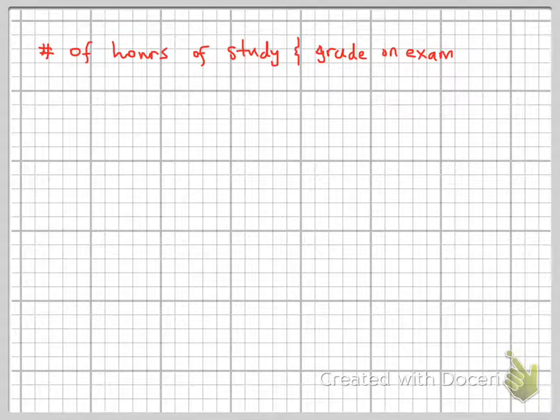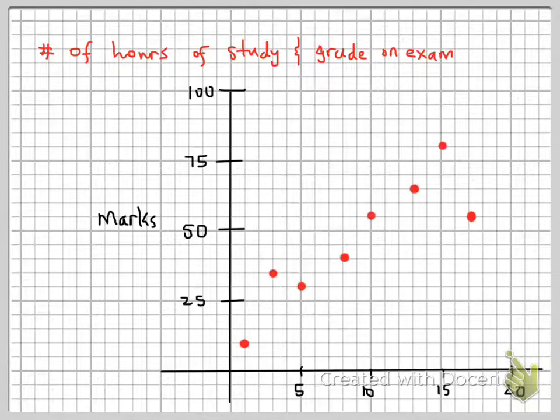So, for example, if you are thinking about the number of hours you study and the grade on an exam, you will have a bunch of hours of study and grades, and you can plot this in what you call a scatter plot, like this. You can see that on the x-axis I have the hours of study, and on the vertical axis you have the marks earned, the grade.